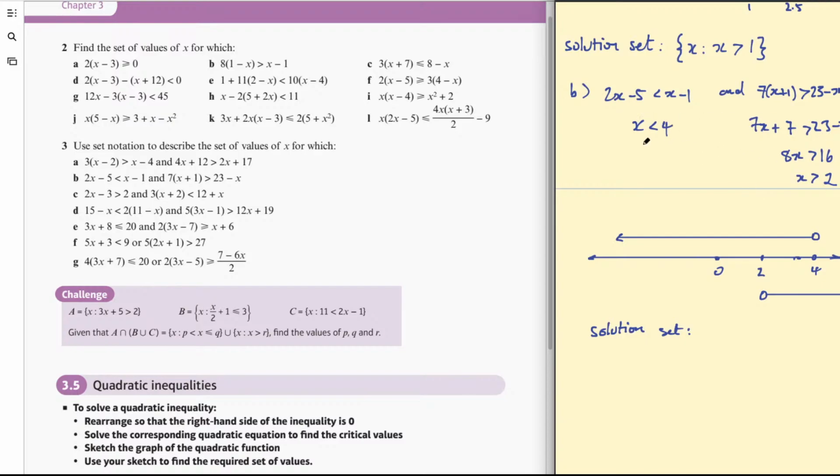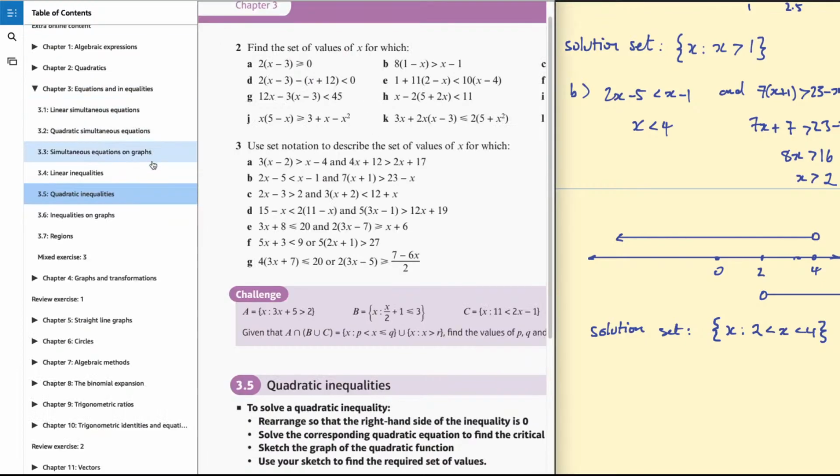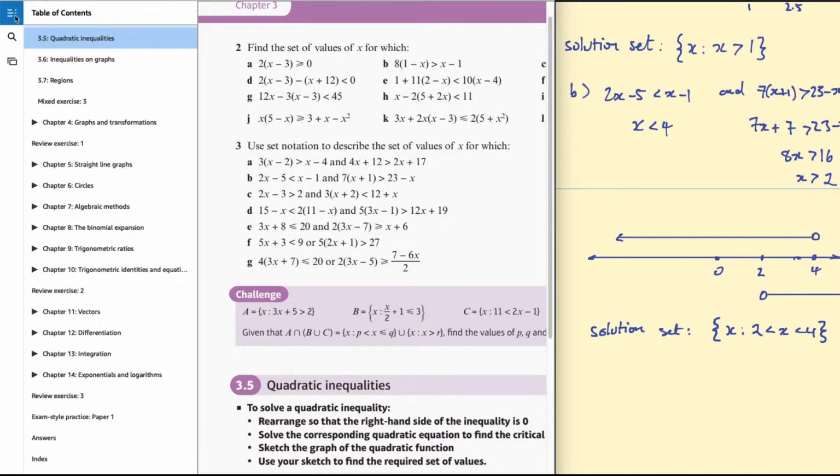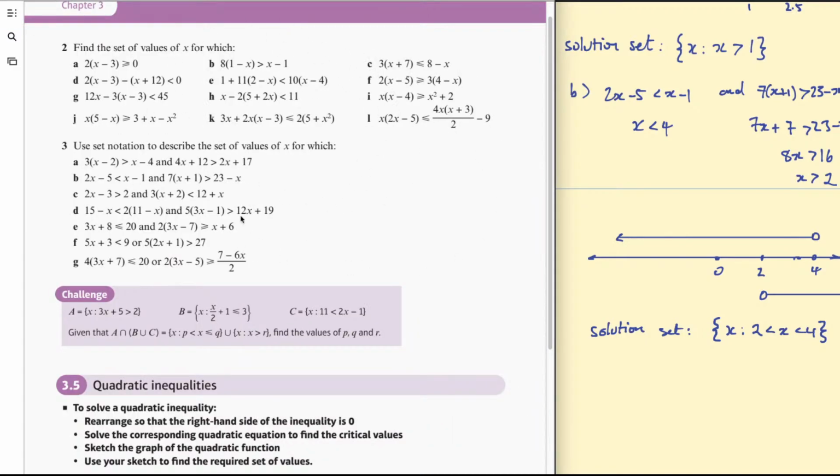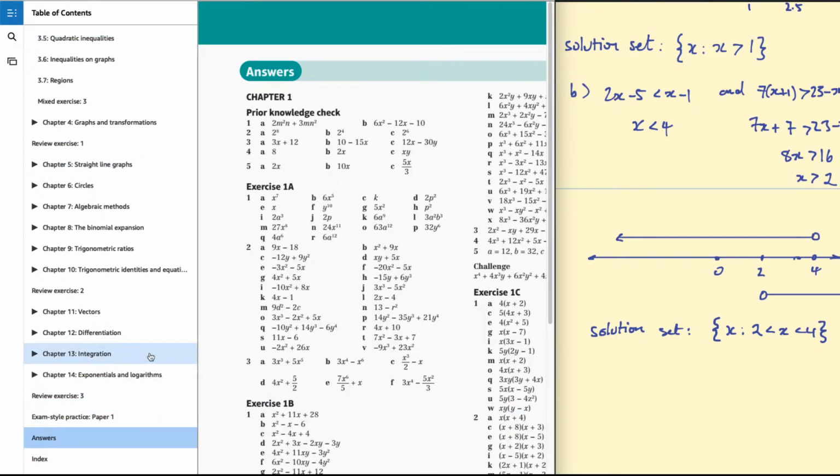So these are my two inequalities. And remember how we wrote this? We had those funny brackets, then x colon x between 2 and 4, and then the brackets again. Okay, so let's just go ahead and check the work we've done so far. If you want to do any of those other questions for extra practice, go ahead.